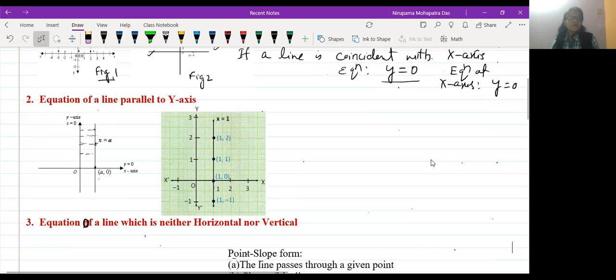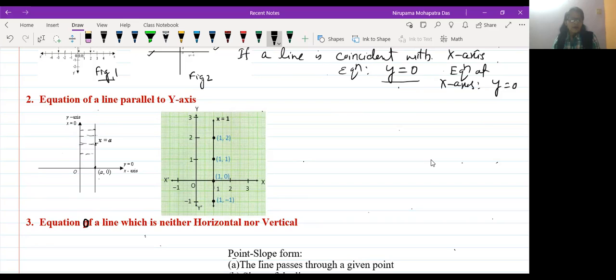You know that. Now the second case is the equation of a line parallel to the y-axis. It means the line is perpendicular to the x-axis, so it is a vertical line. Here you can see figures 3 and 4.